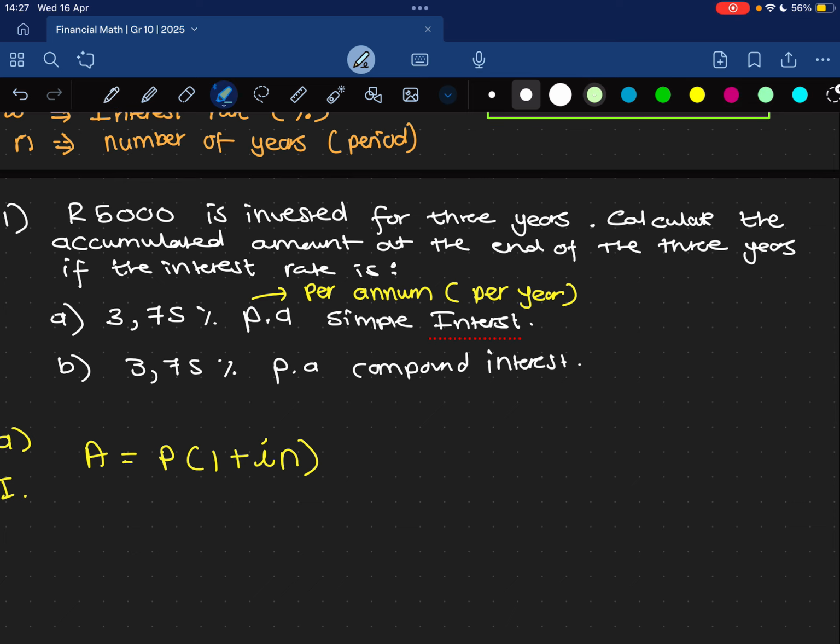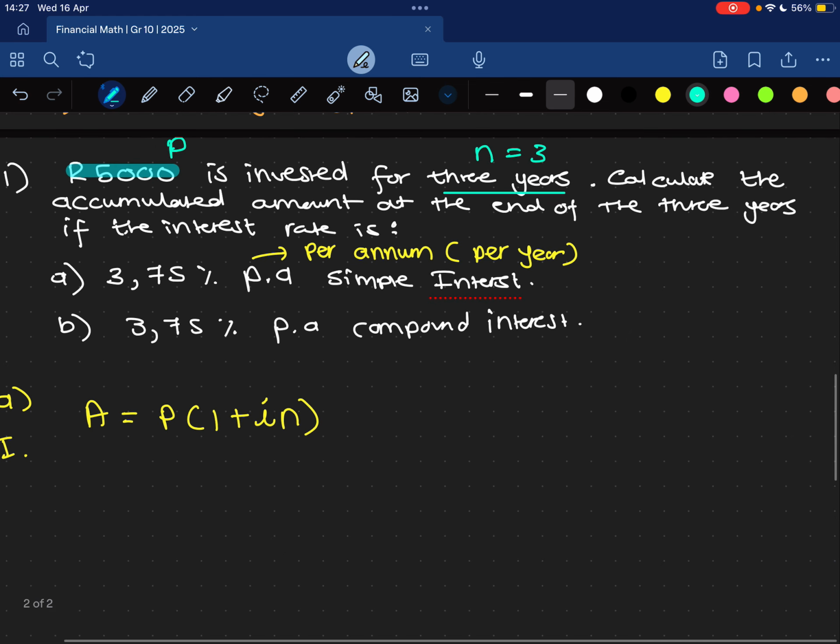So clearly, I can see that the 5,000 is going to be my principal amount. So I'm going to make a little note that this is my principal amount. Then it says for 3 years, so that is the n value, which is 3. Now it says to calculate the interest rate, so these are all the i's.